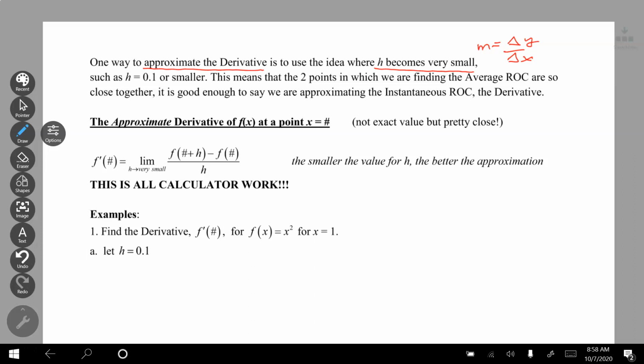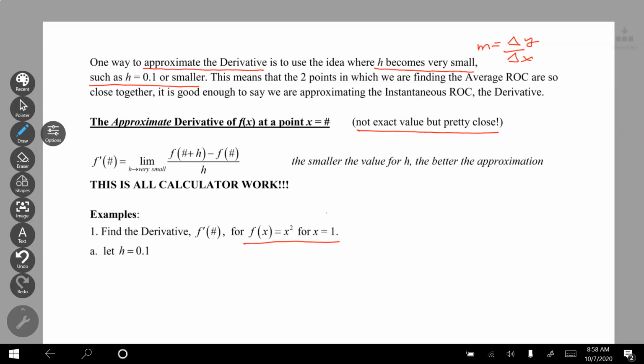The smaller the h value, the better approximation I have for the derivative. So this is all calculator. Now, it's not exact. This is an approximate value, and that's what we're going to look at. So this is all calculator work. So I have a function here.